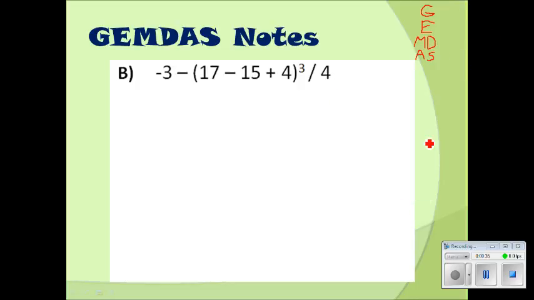Alright, now that you've tried it on your own, let's go over. First, GEMDAS. I've written in the top corner to remind me to follow these steps. I need to start with groups. So the very first thing I'm going to look at is my group.